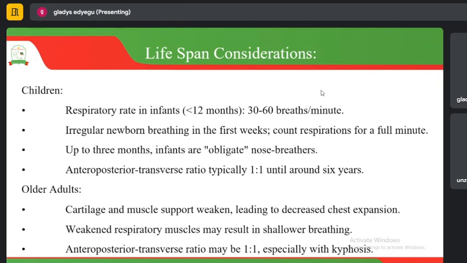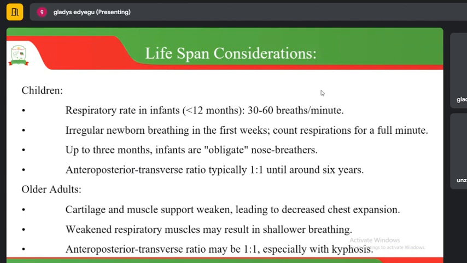So there are things we need to understand: if a patient is at this age, what do we expect of them? If a patient is older, their respiratory rates or the different parts and organs that support those activities can change, and for that age it may be normal. So there are things we need to look at.